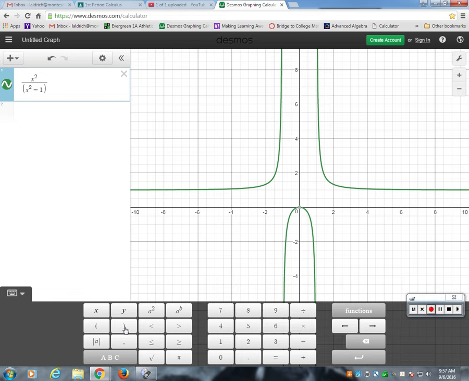Where is that discontinuity? At what x value? 1, good. Because if I plug 1 in here for x, 1 squared is 1, 1 minus 1 is 0, and we can't do that.